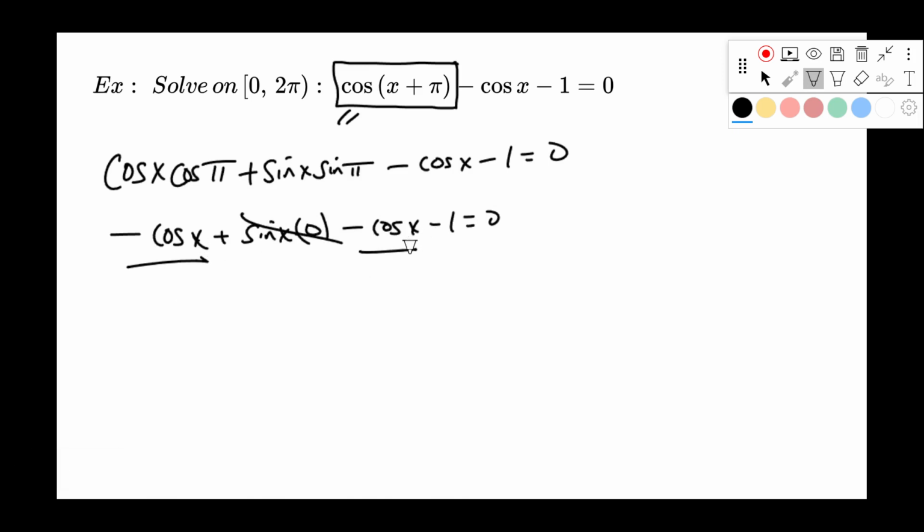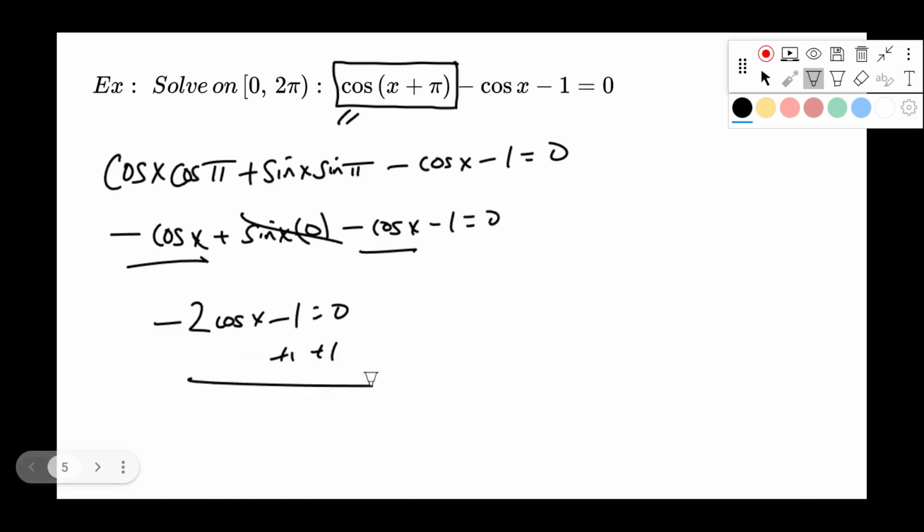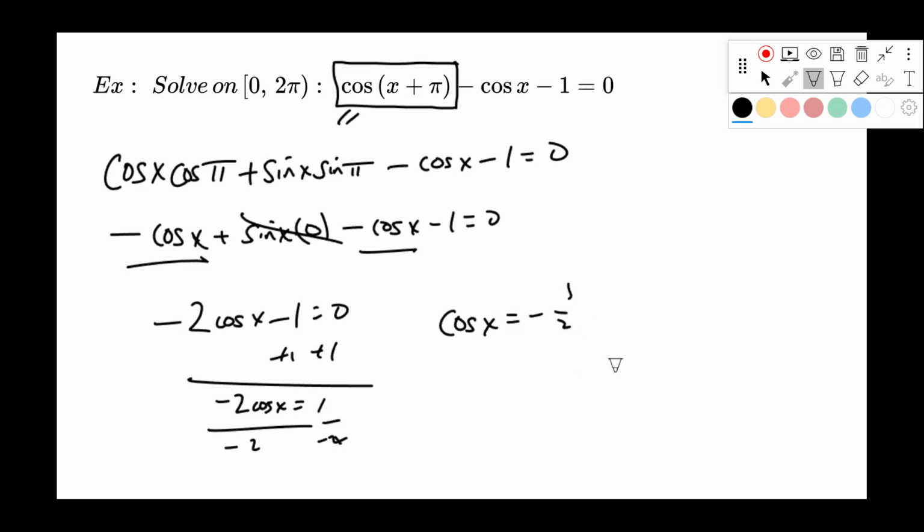Negative cosine x and negative cosine x is negative 2 cosine x, oops, minus 1 equals 0. Now I'm going to try to solve for cosine. Add 1 on both sides: negative 2 cosine x equals 1. Divide both sides by negative 2, and I get cosine x has to equal negative 1/2.